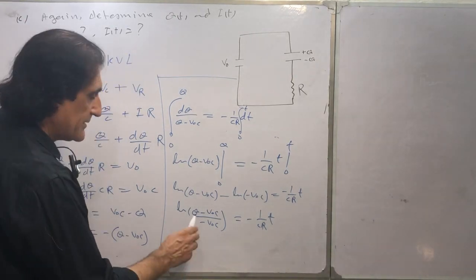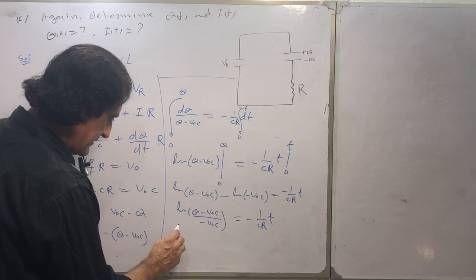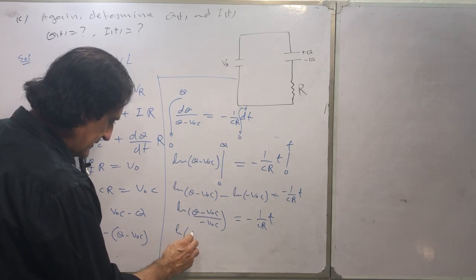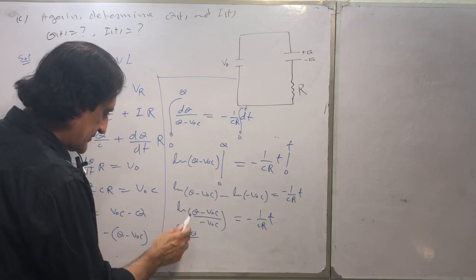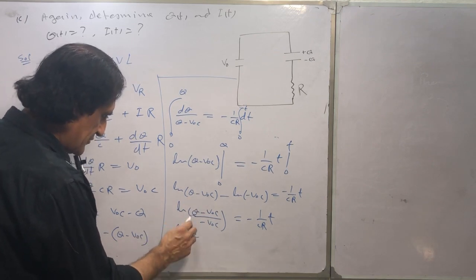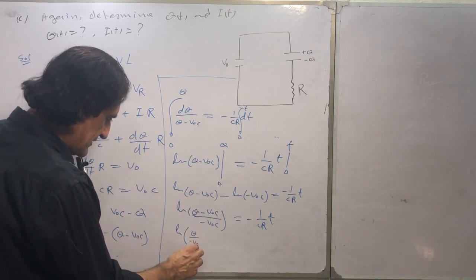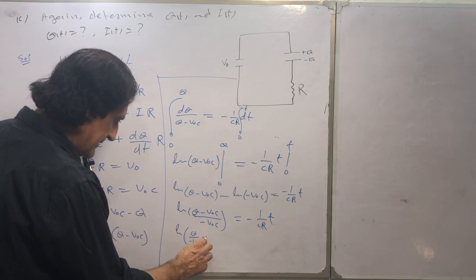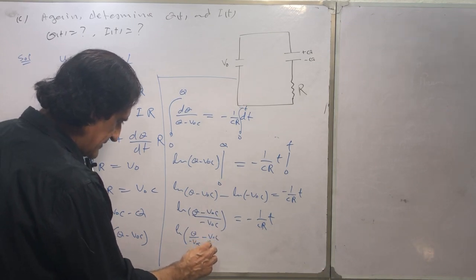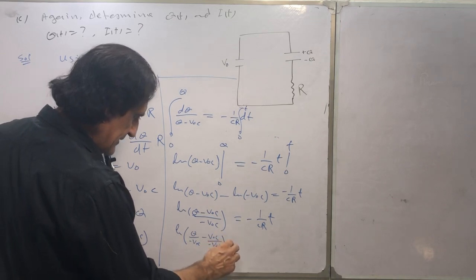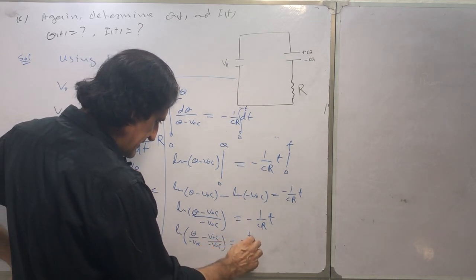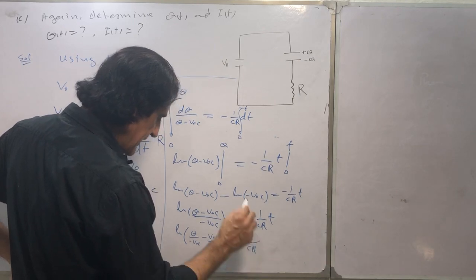Further, after some calculation, the log of q minus V naught C divided by minus V naught C is equal to minus t divided by CR.